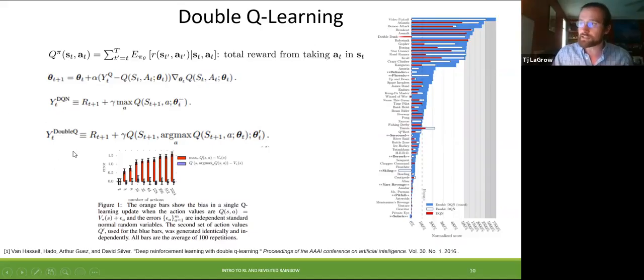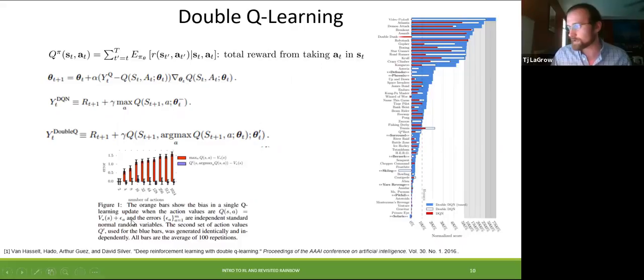Double DQN takes a second network and takes both the max of the current Q network and then runs in parallel what the other action will do. What it's saying is it's trying to eliminate the bias of overestimating given the certain task. So it's trying to do a little bit more exploring while also taking the maximum values.